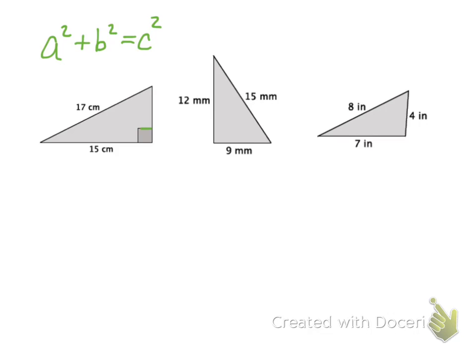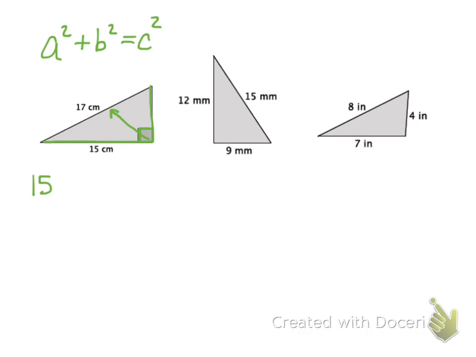Now we're told this is a right triangle, so the Pythagorean Theorem should hold, and the a and the b are the legs of the triangle. So here's one leg and we're missing a leg, and the hypotenuse is always the longest side and it's always opposite the right angle.